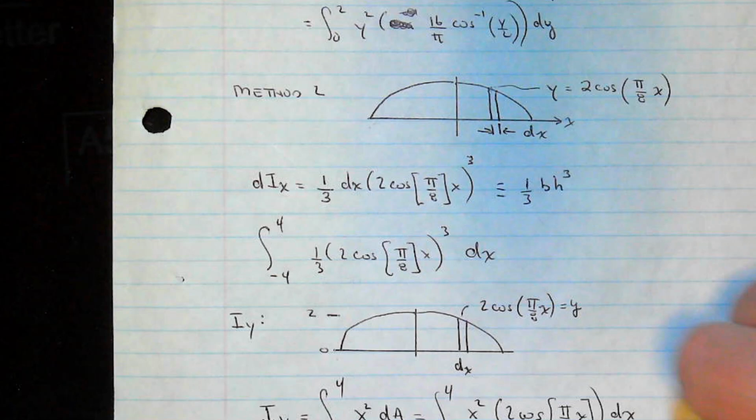We can also do it based on a differential area moment of inertia and just add all of them up. So, let's consider this. Here is a small vertical strip. Okay, and off of this bottom edge, from what we've already done, we know that's 1/3 height dx.